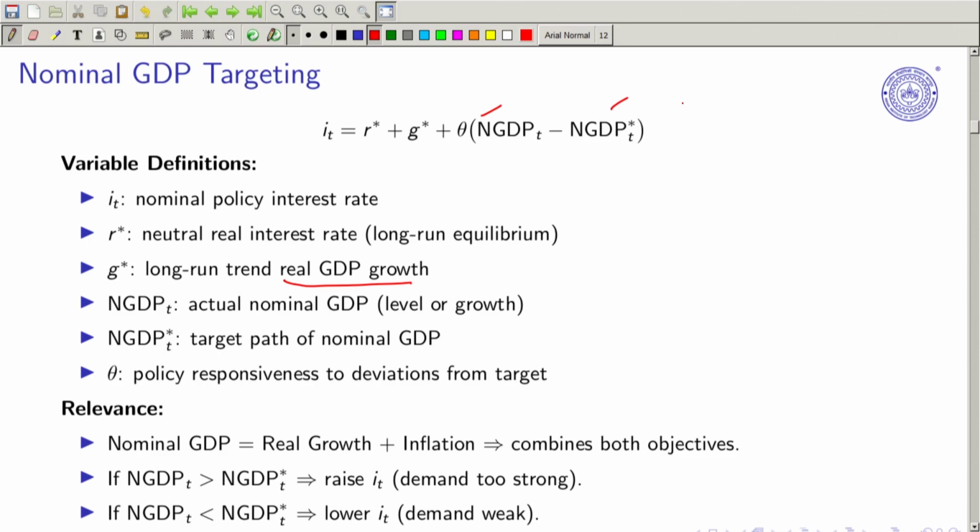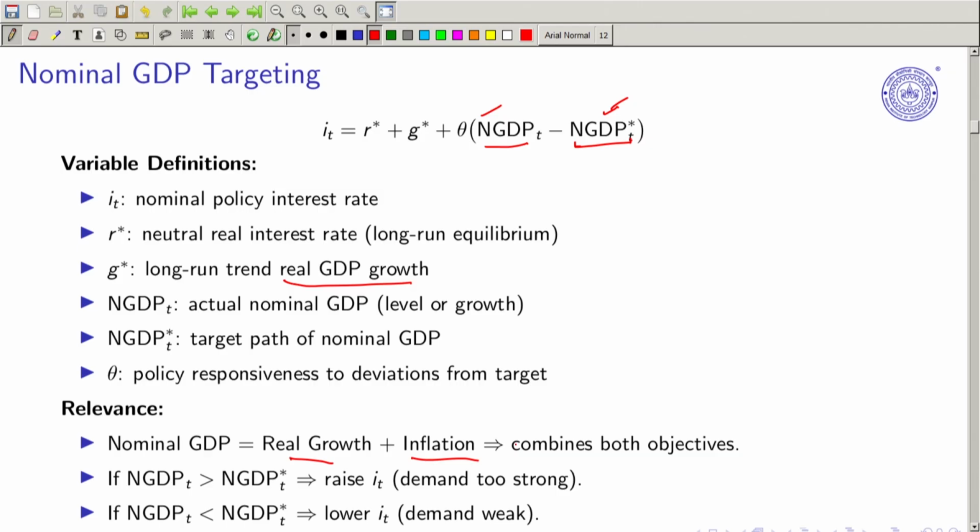In certain countries, nominal GDP targeting is also of policy relevance, and they do not go for targeting the nominal interest rate, rather they go for targeting the nominal GDP and the deviations from it. So this is what the potential nominal GDP looks like, and this is what the economy actually receives, right? Nominal GDP, what we normally know, is the real GDP growth plus the inflation, right? So this is what it gives.